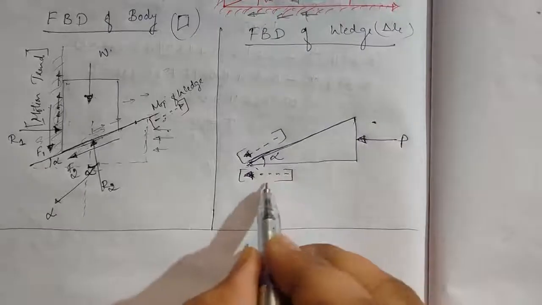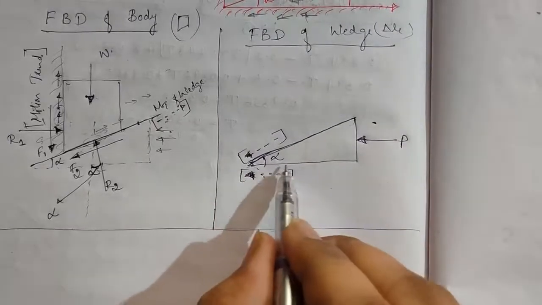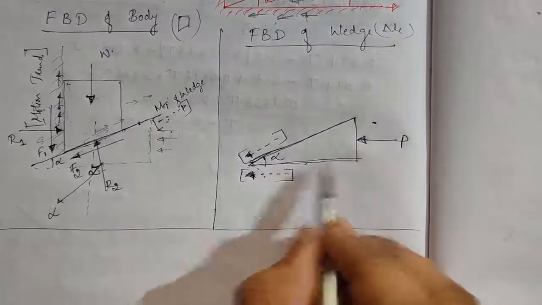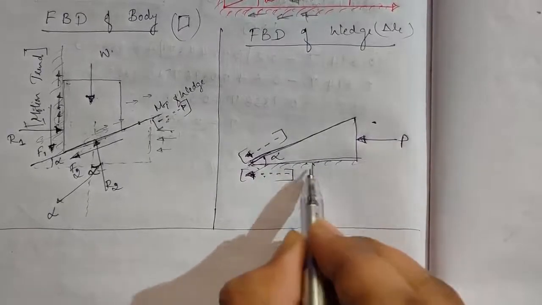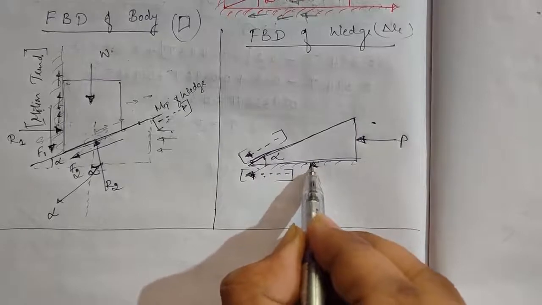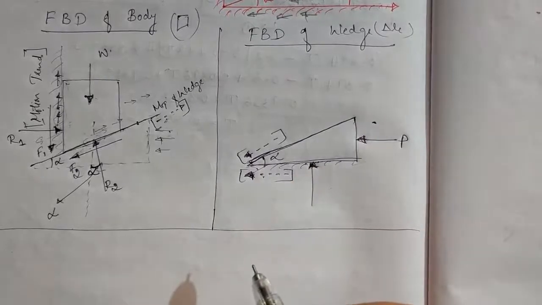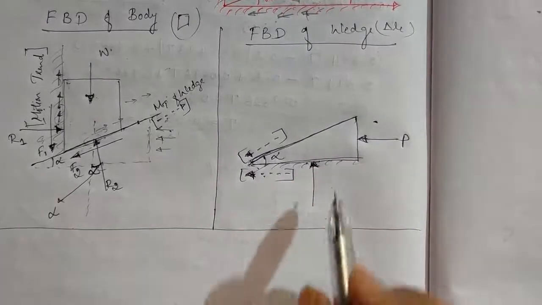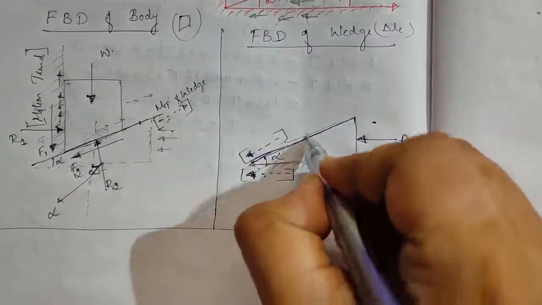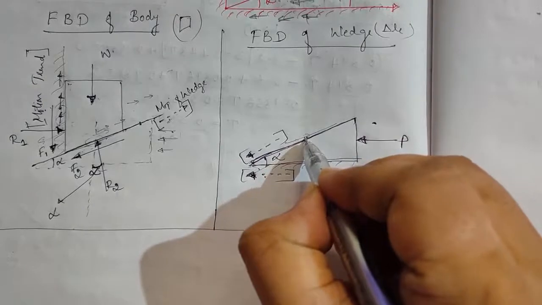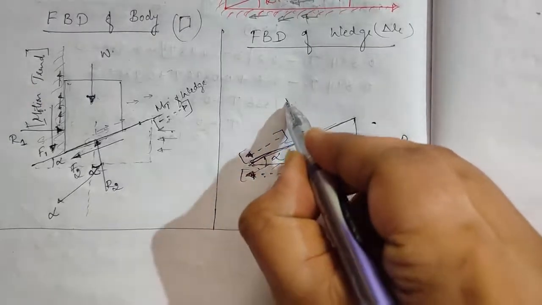Now what happens here? Also the same, as this motion trend is like this, and this is supported with the walls, right? So there is one contact surface, so one reaction force will be there. And this is also a wall, so this is also a surface, so perpendicular to this another reaction will be there.